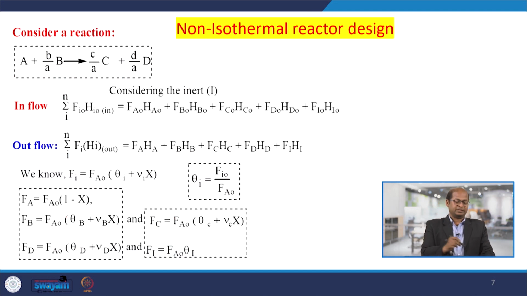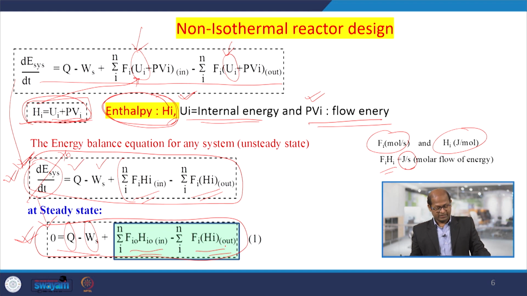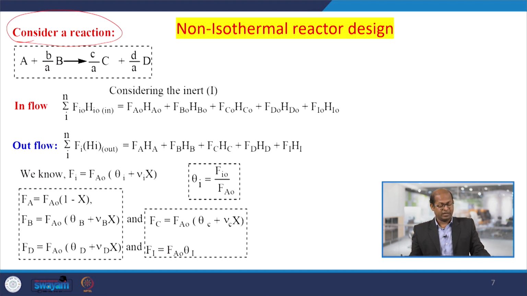Now let us consider any reaction. This is the energy balance at steady state, and this is the energy balance at unsteady state. In the steady state energy balance, there are Q, the shaft work, and this work. The flow energy, the molar flow energy, we have to consider for the energy balance.